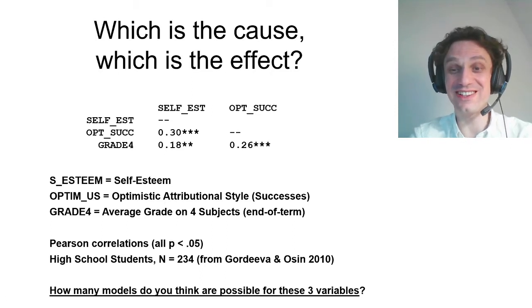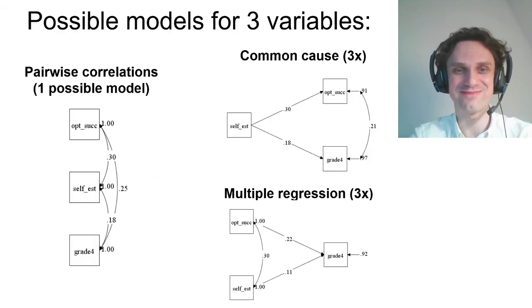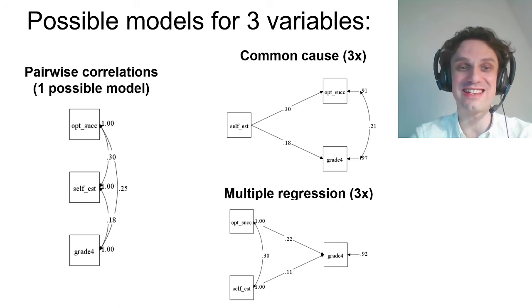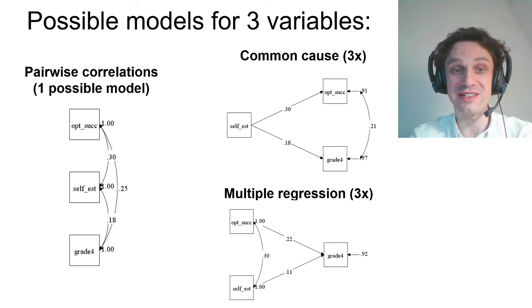After you've given it a thought, let's explore the possible answers. So obviously, when we just plot a correlation matrix, it is the simplest possible model for this kind of data, where we have optimism, self-esteem, and grade, and they are all just associated, and we have no idea what might be the cause, what might be the effect.